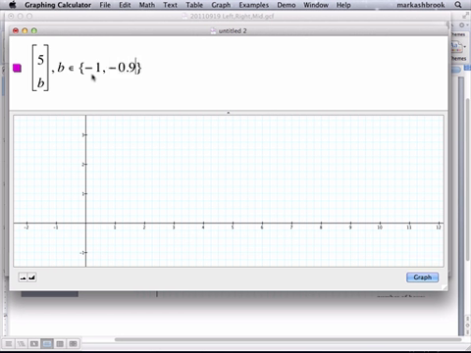Okay, that's what I mean to say. So I want to start at -1 and then have my next one be at -0.9, and I want to keep going like that. So you do Control semicolon, which gives you the ellipsis, meaning keep the list going like this.